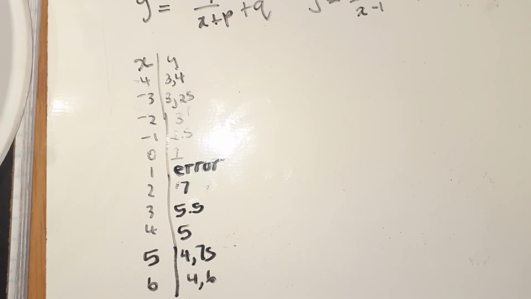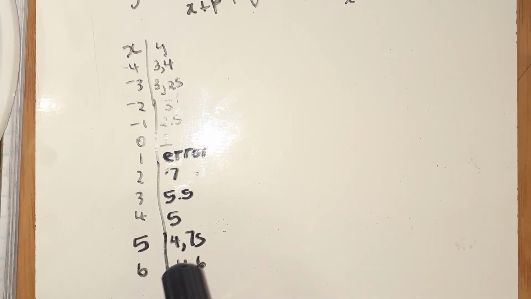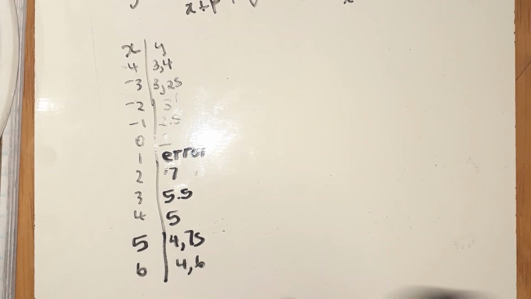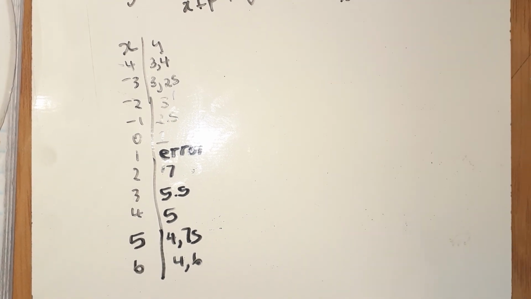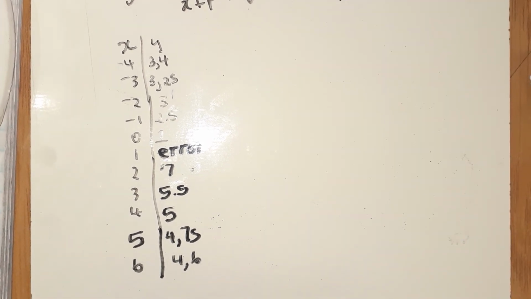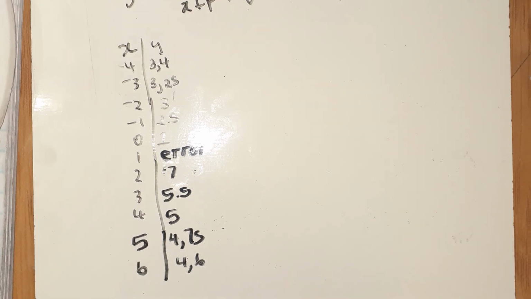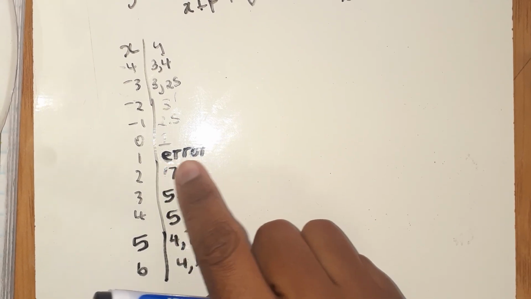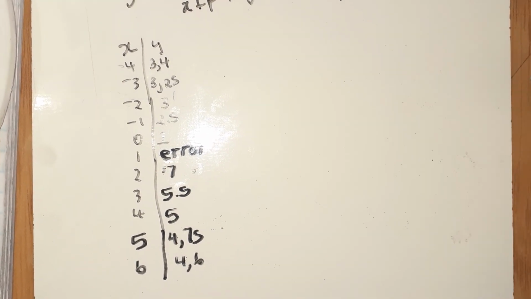Let's do the rest. I'm going on and on. For me to get y as an error for 4, it's going on for so long. I have tried so many. So this line is going to be so long, but that's where you will get your error.